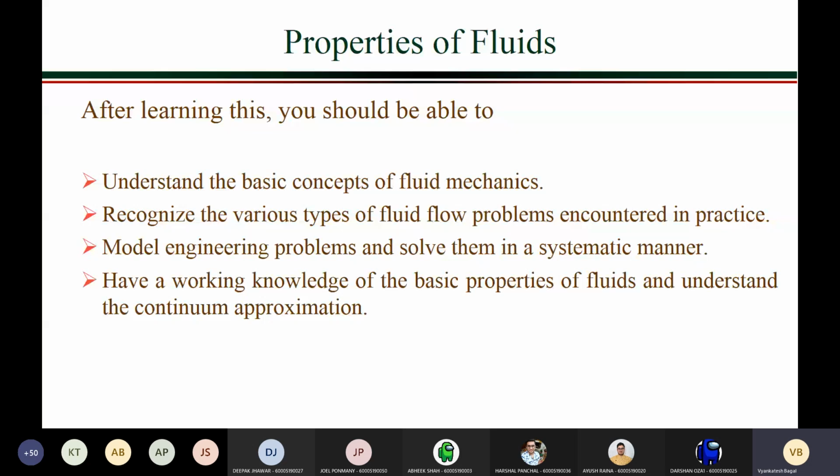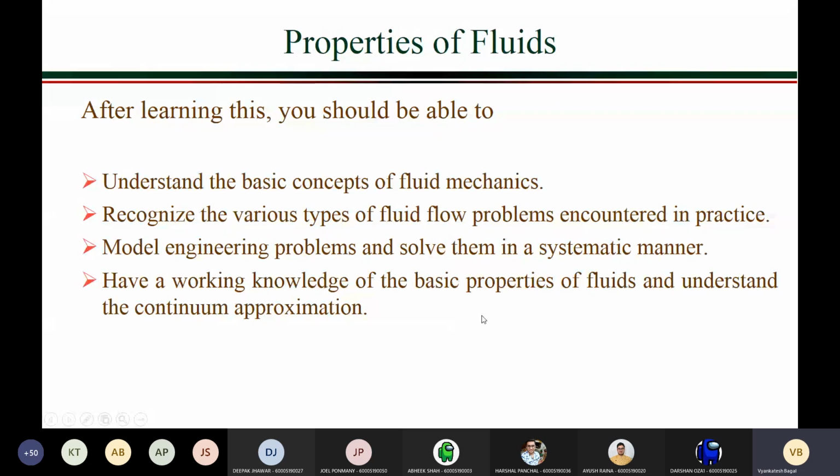Then next, students will be able to have a working knowledge of the basic properties of fluids and understand the continuum approximation or continuum concept. Now if you go back and refer to the syllabus, there was the concept of continuum, fluid continuum. This will be a part of discussion for the next lecture, continuum approximation, because our whole fluid mechanics is based on this approximation itself, right?